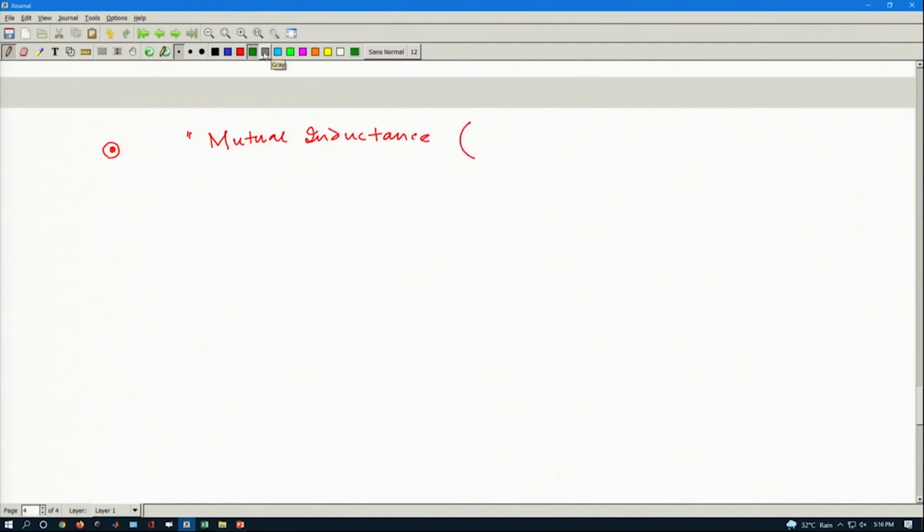And the formula is called the Neumann formula.